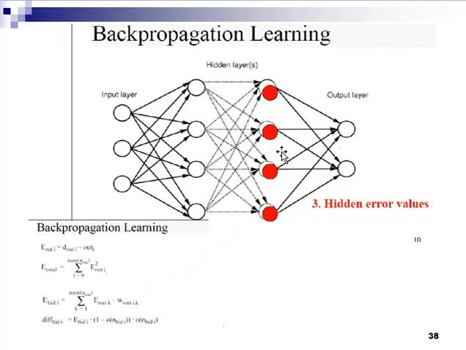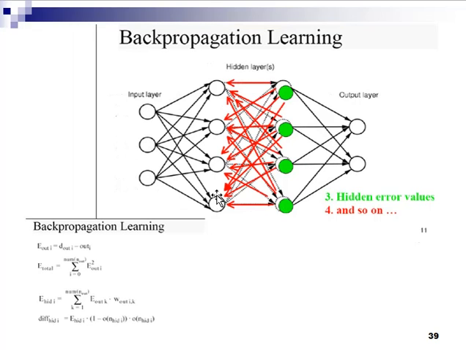Then when we have the errors calculated at the hidden layers, the next thing will be to transport this error from hidden layer number 2 to hidden layer number 1. So you can see here that once we have calculated the error at the hidden layers, which is being shown here with these green circles, we are transporting back these errors from hidden layer 2 to hidden layer 1.